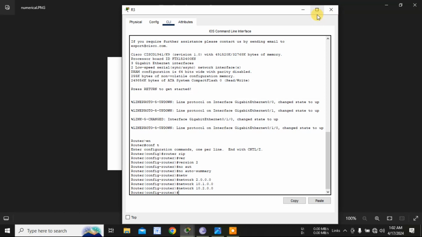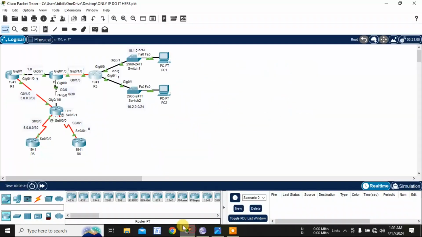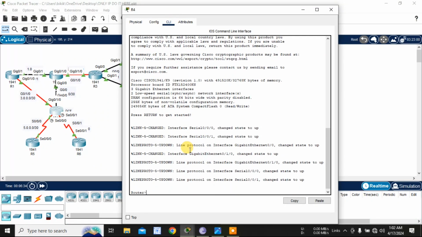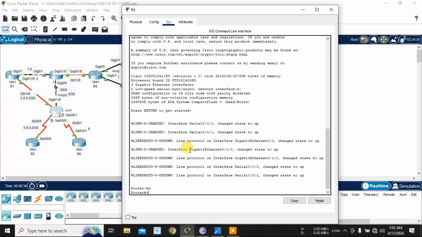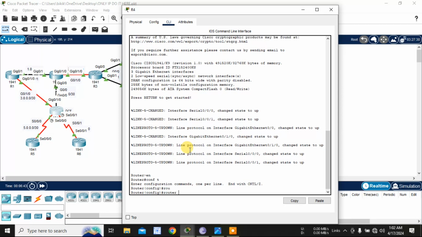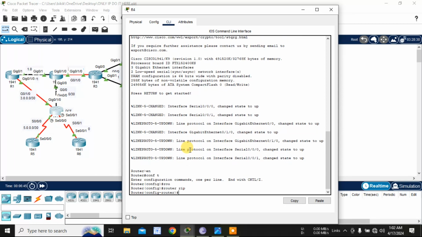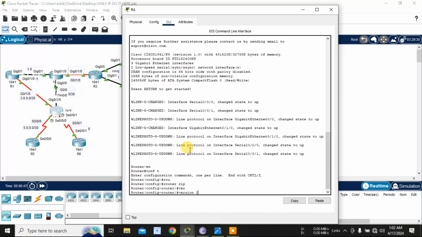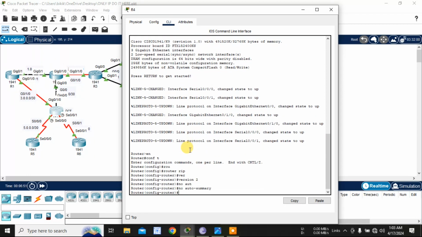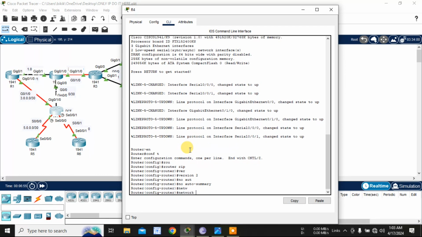Now let's go to router number 4. Config t, router rip, version 2, no auto-summary, network.